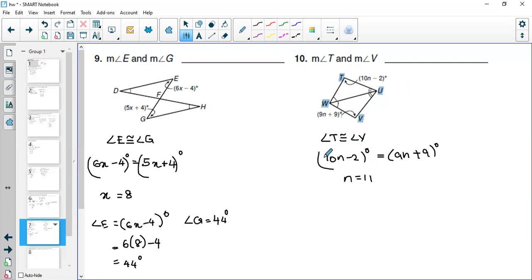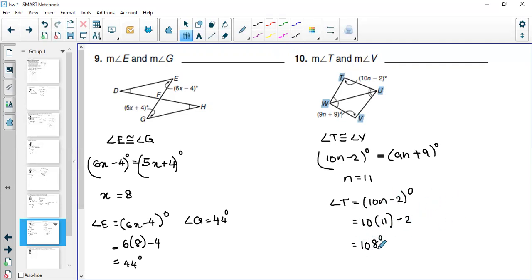Now that you have found the value of n, you can just substitute that in any of the angles. So let me start with angle T, that is 10n minus 2 degrees. So 10 multiplied by 11 minus 2 is going to give you 108. 10 11s are 110 minus 2 is 108.